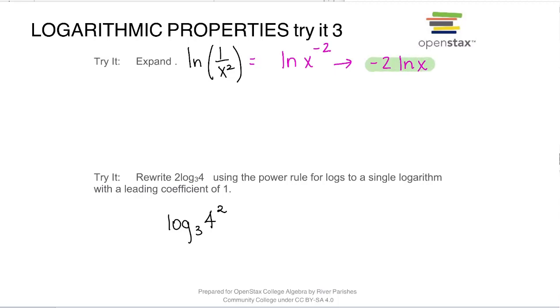All right. This next one, we're going to take this 2 and move it to the front. And we're going to get 2 log base 3 of... you know what?